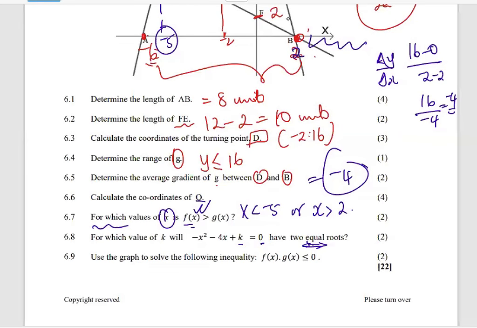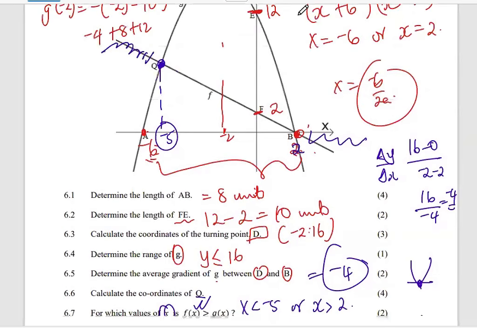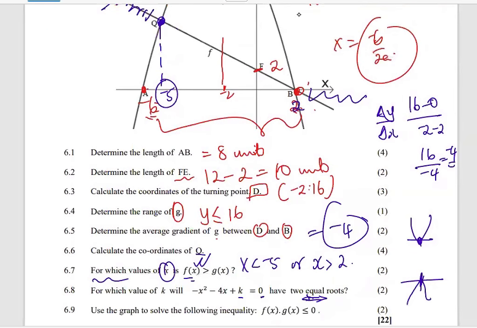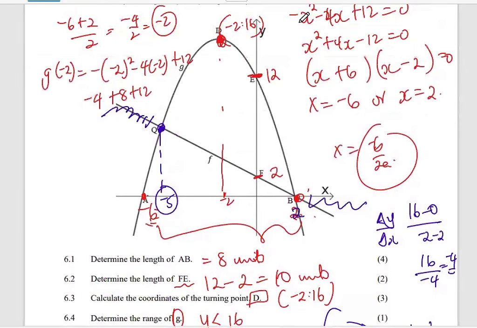So for a graph to have 2 equal roots, it simply means that the turning point is just on one value. So in this case, this k is more like a shift. In other words, how many units must we move the graph?